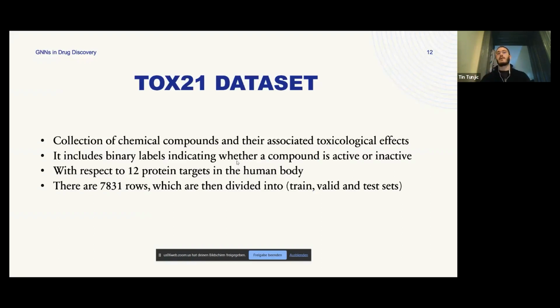It includes binary labels for all of those 12 assays, 12 tasks, saying was it toxic or not. If it's toxic, it's active, and if it's not toxic, it's inactive.